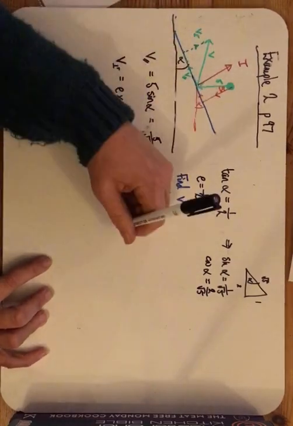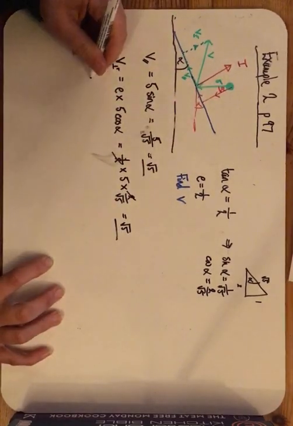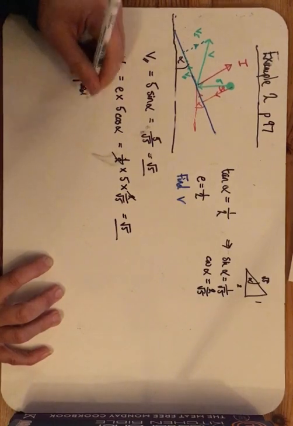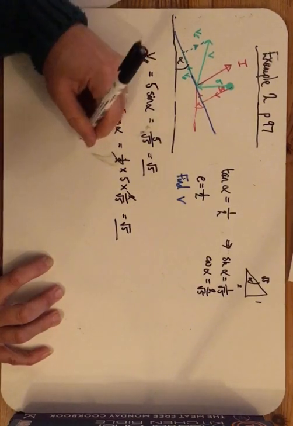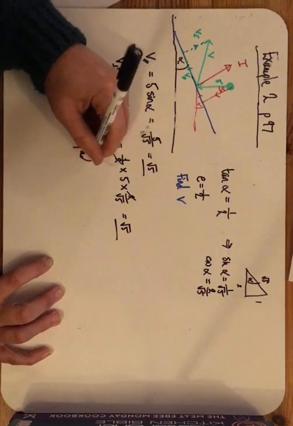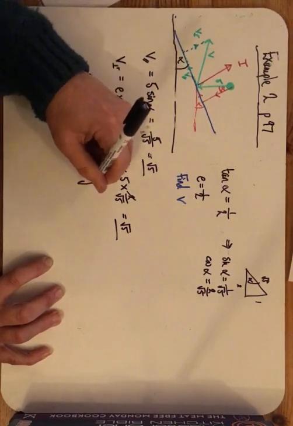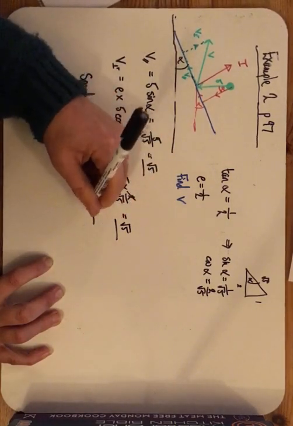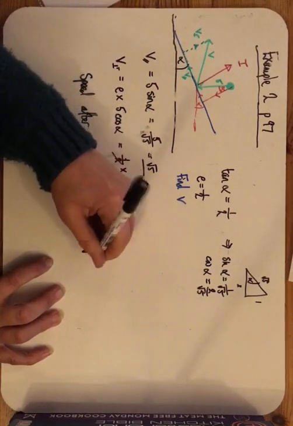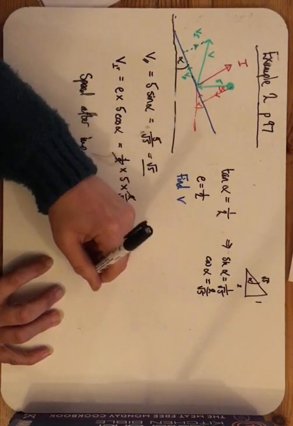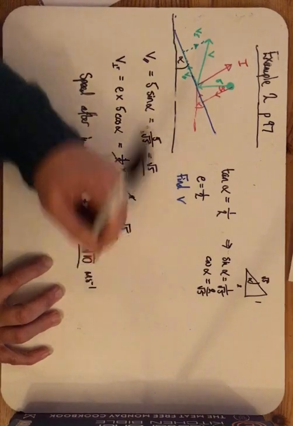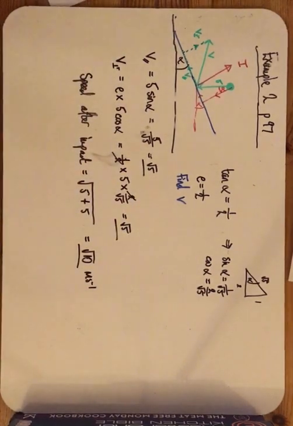They won't always come out the same, obviously. And so the speed after impact is equal to the square root of root 5 squared plus root 5 squared, which is root 10 meters per second. So that's that one.